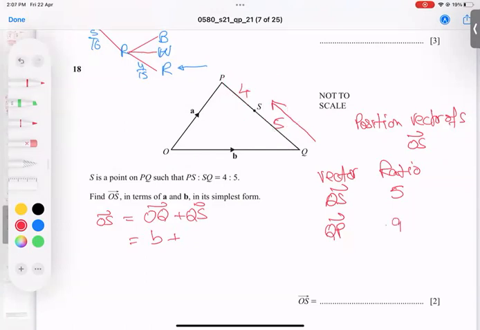So I'm writing 9 and cross multiply. So 9 times QS, 5 times QP, and this 9 will divide down. So I'm getting QS is equal to 5 over 9 times QP. It means I'm writing here 5 over 9 times QP.